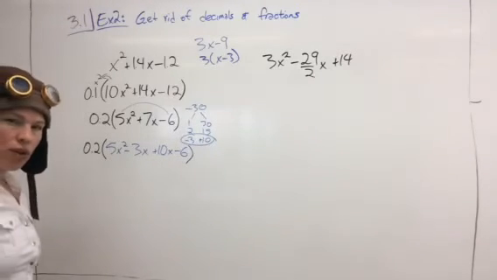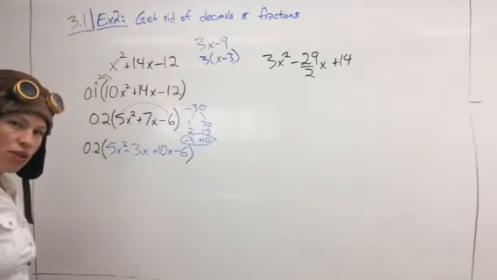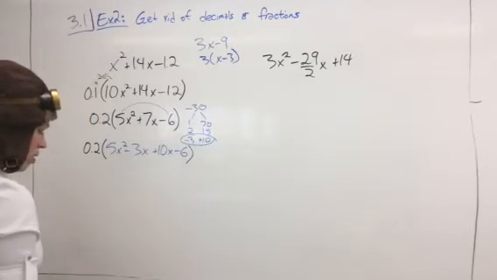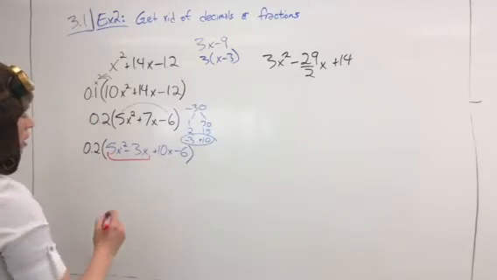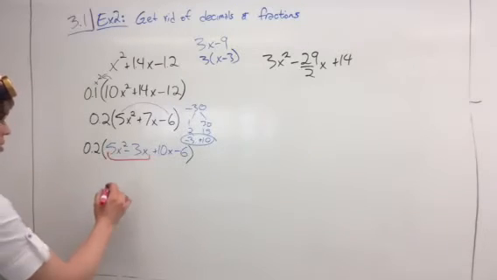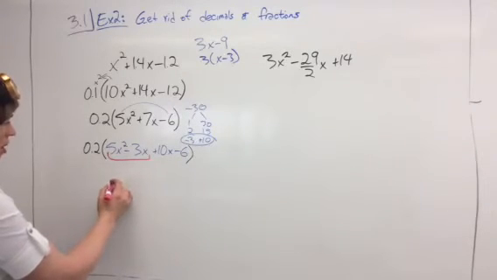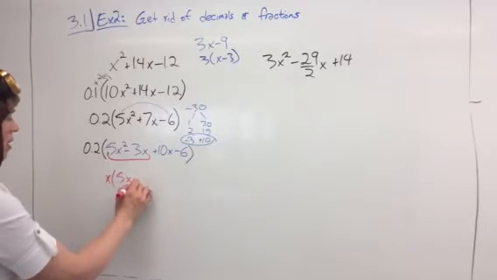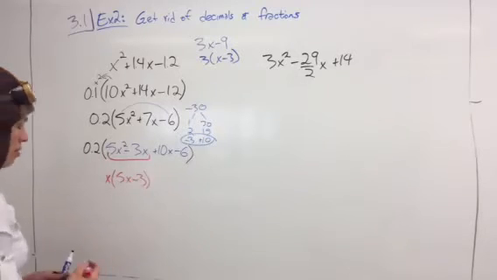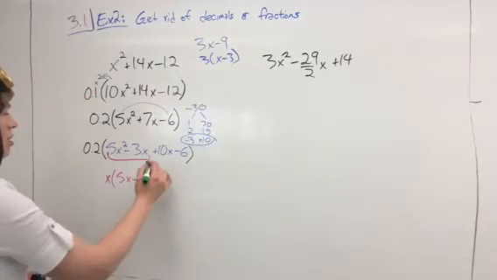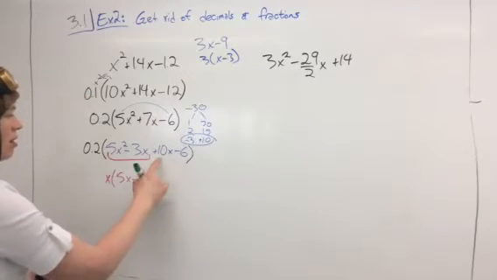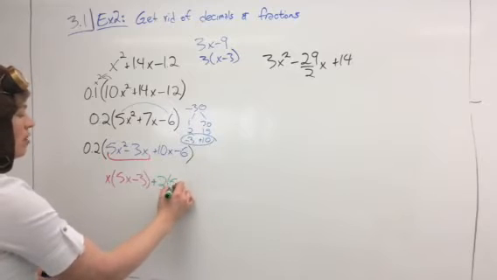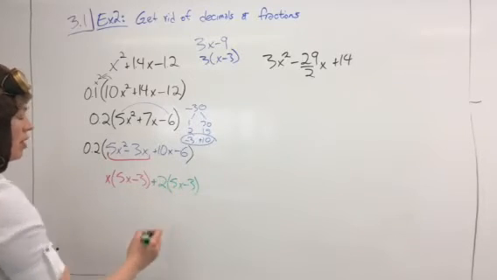So I'm going to look for the common factors between the first 2 terms and then the second 2 terms again. Here I've got not a lot, actually, just x, and that'll give me 5x minus 3 inside the brackets. And here I've got 10 and 6, it's just 2, and that leaves me with 5x minus 3 inside the brackets.